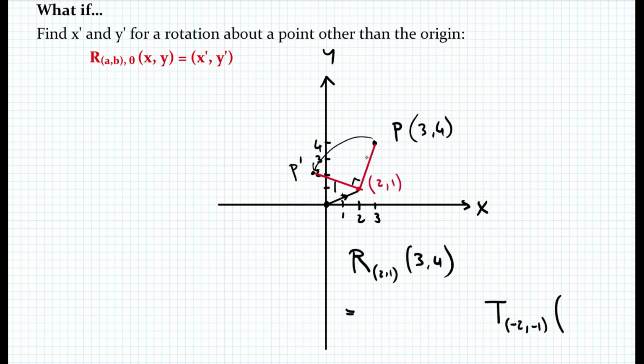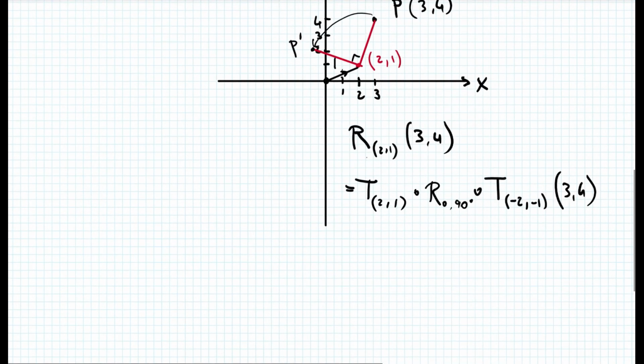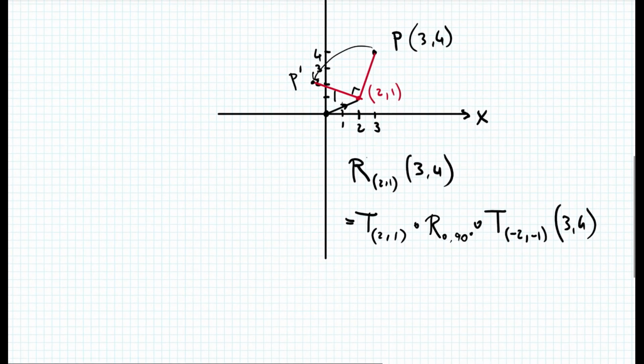So we translate the point (3, 4), followed by a rotation over the origin by 90 degrees in this case, and then followed by a translation again by (2, 1) to go back to the original point. So we can actually do the math here and verify this on the graph.